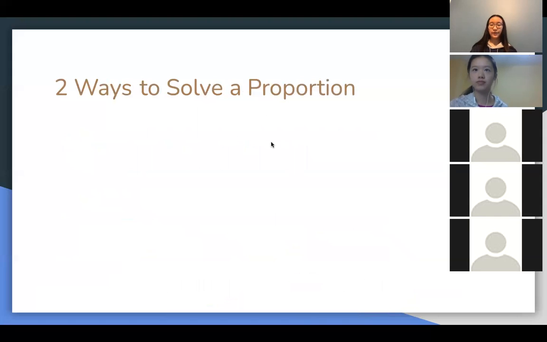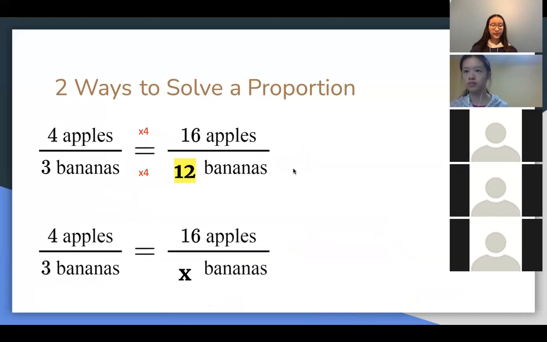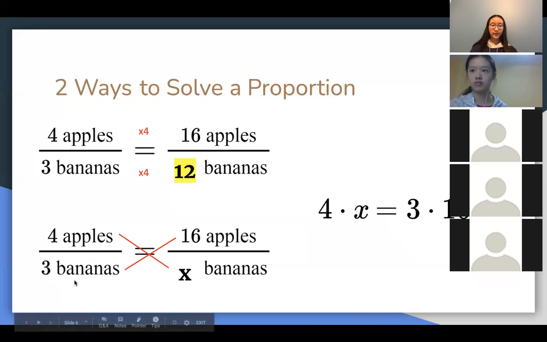All right, here is the other way to solve a proportion. And it is called cross multiplication. So that was like Amy's way of multiplying them to get 12 bananas. And here is cross multiplication. So you draw diagonal lines connecting the first numerator and the second denominator, and then you just multiply those numbers together. Then you do the same thing for the first denominator and the second numerator.